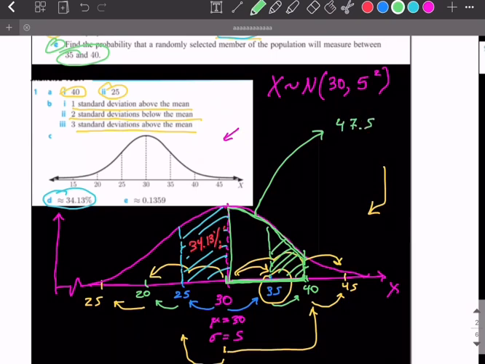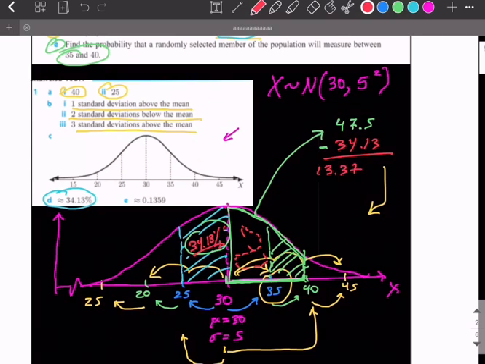So this whole thing here is going to be 47.5, and I'm going to subtract this part here, which is the same as this, all this part, which is 34.13. So if I do this calculation, 47.5 minus 34.13, I get 13.37.